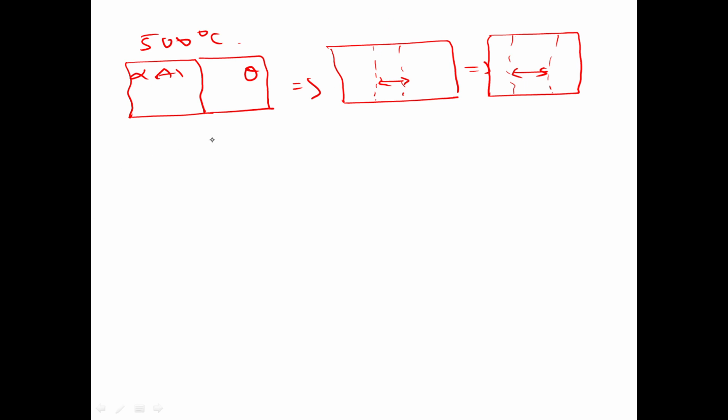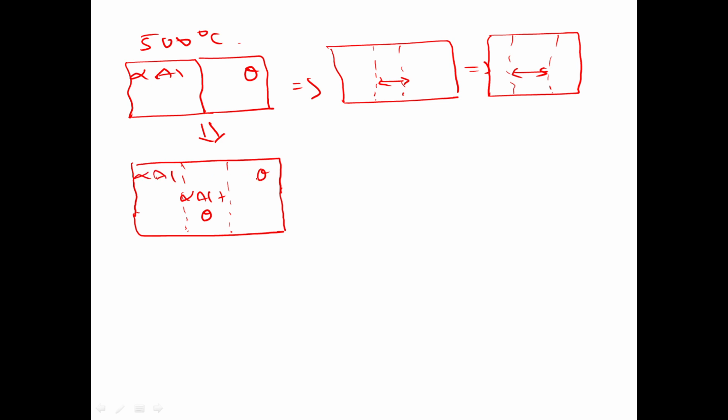These are the phases that will be formed during this diffusion annealing. This is a simple question. This is alpha Al plus theta phase that will be formed during the diffusion annealing.